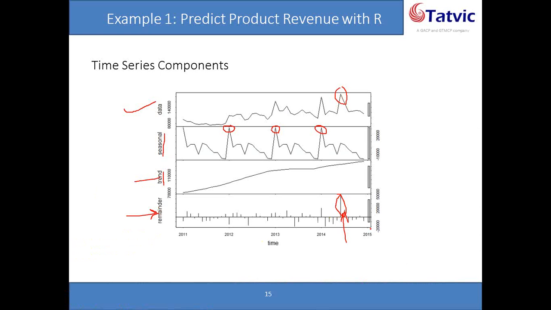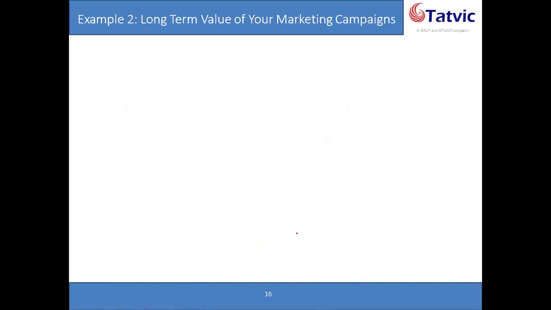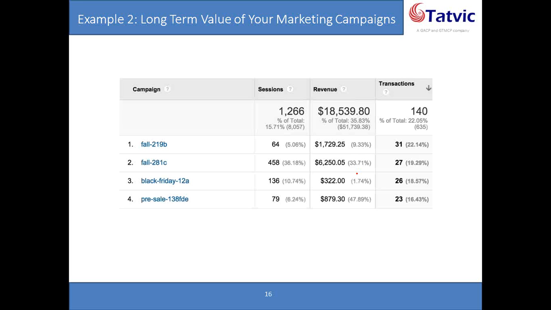Okay, so I will jump to the next slide, the next example of calculating the long-term value of your marketing campaign. The normal way that we use Google Analytics to understand a campaign is probably this report where you see different campaigns, sessions, revenue, and transactions.